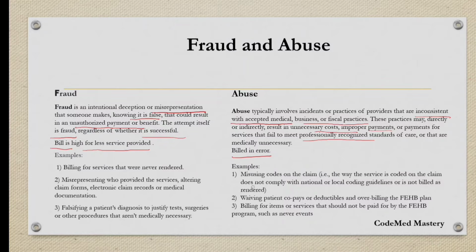The examples include misusing codes on the claim and waiving patient copays or deductibles and overbilling, or billing for items or services that should not be paid for by the FEHP program. So mainly you have to understand what is fraud and what is abuse. Fraud means the bill is high for less service provided, and abuse means they are billing in error and they are misusing the codes on the claim.